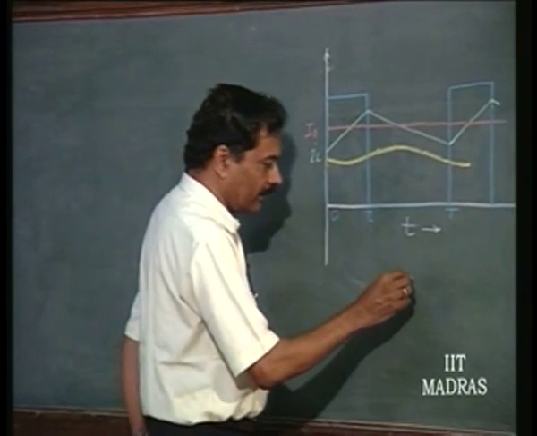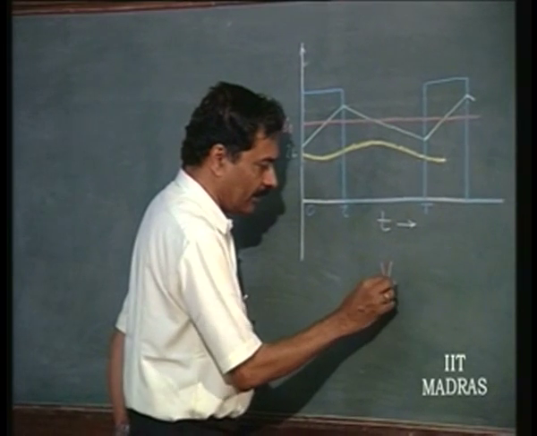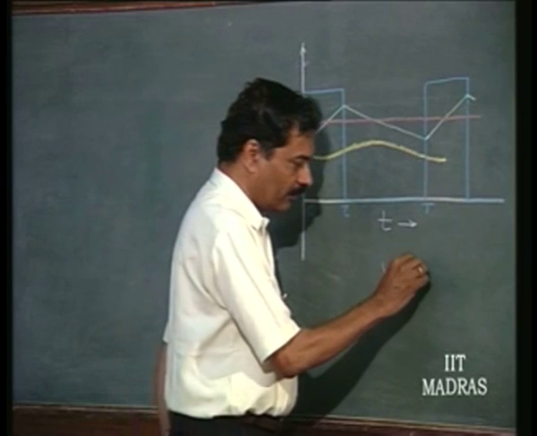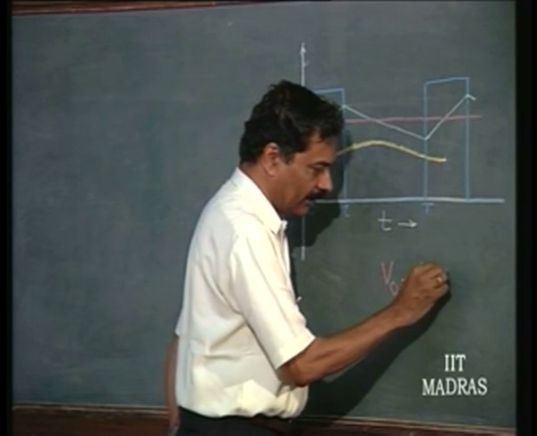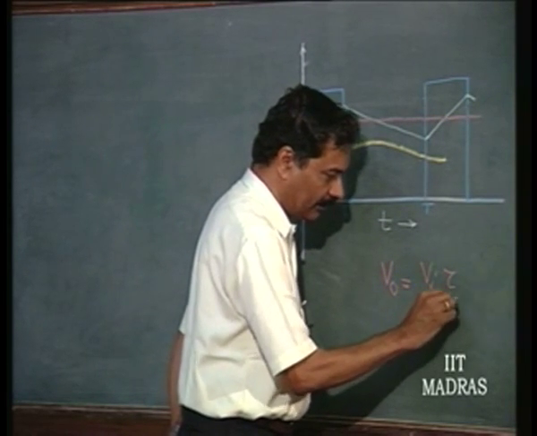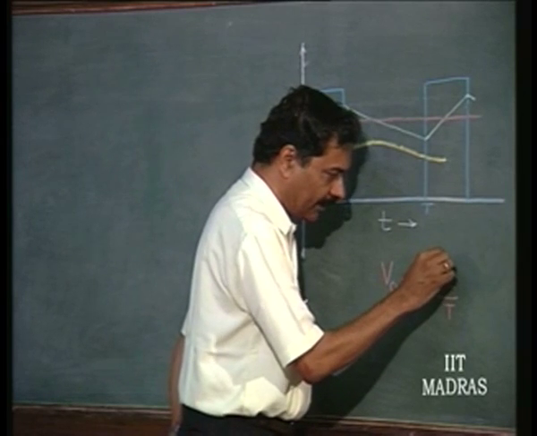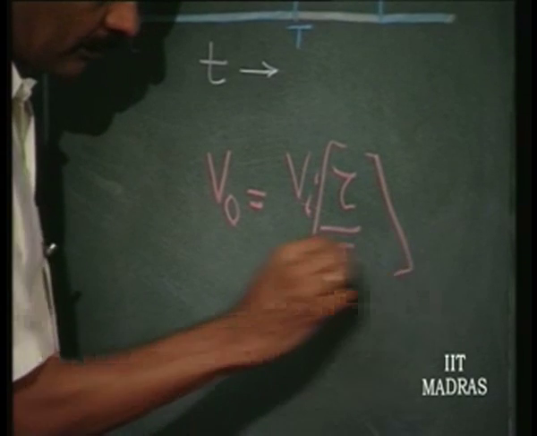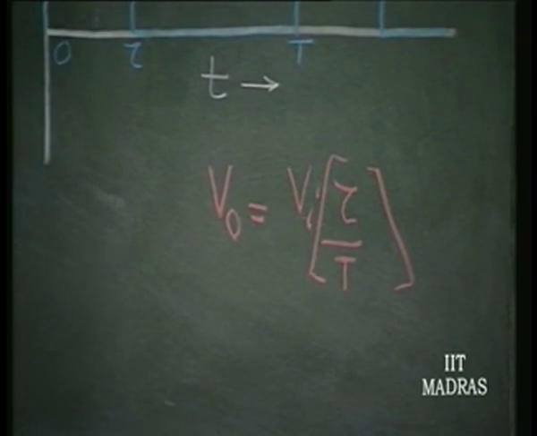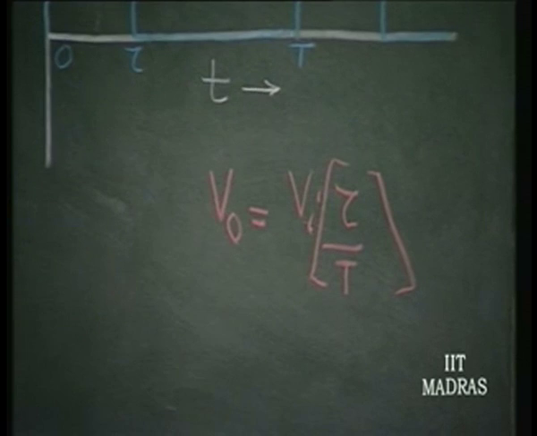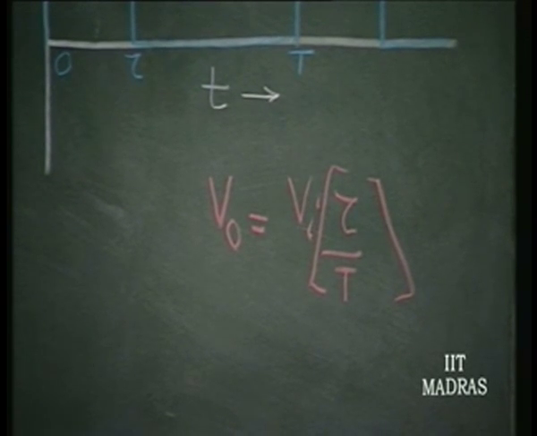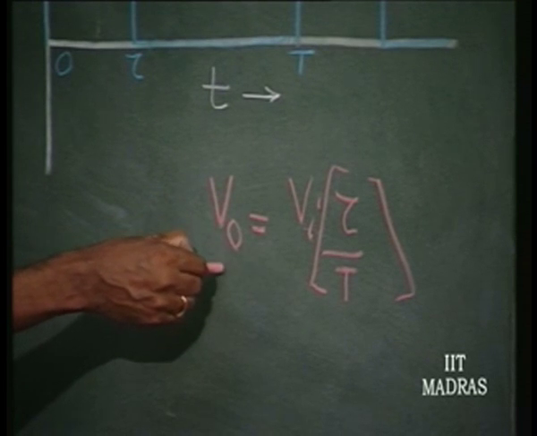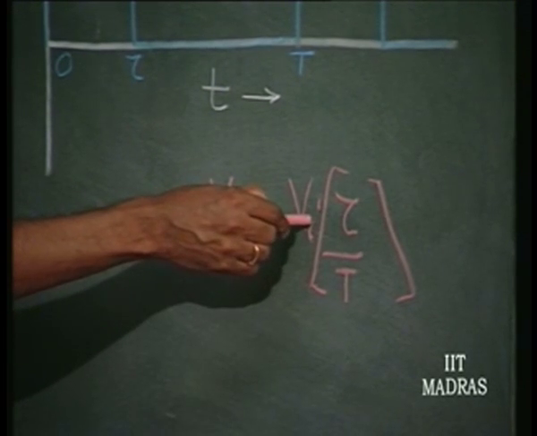We saw that V naught is going to be equal to V I tau by T, and we said by varying tau by T, which is called duty cycle, we can maintain V naught constant when V I is changing.